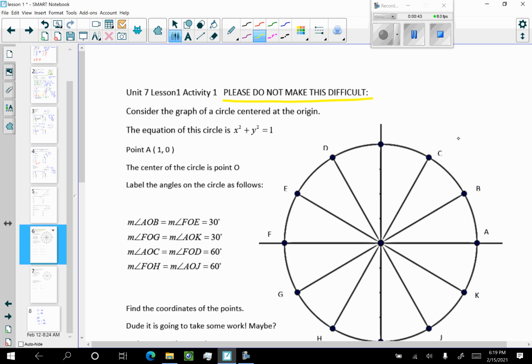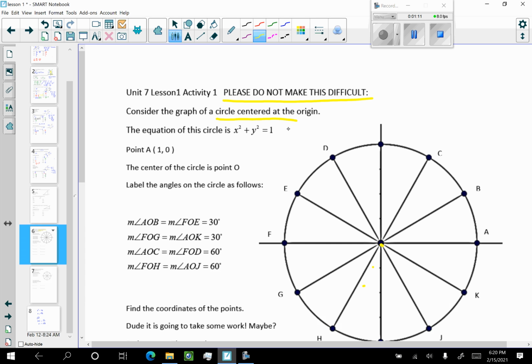So what we're going to start off doing is looking at the graph of a circle centered at the origin. So we have a circle centered at the origin, and this is the origin here. The equation of this circle is x squared plus y squared is 1. If you don't remember the Algebra 2 analytical equation of that circle, that's okay.